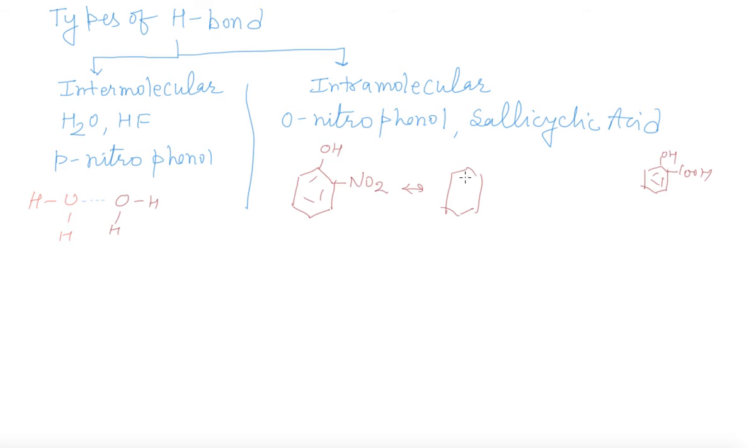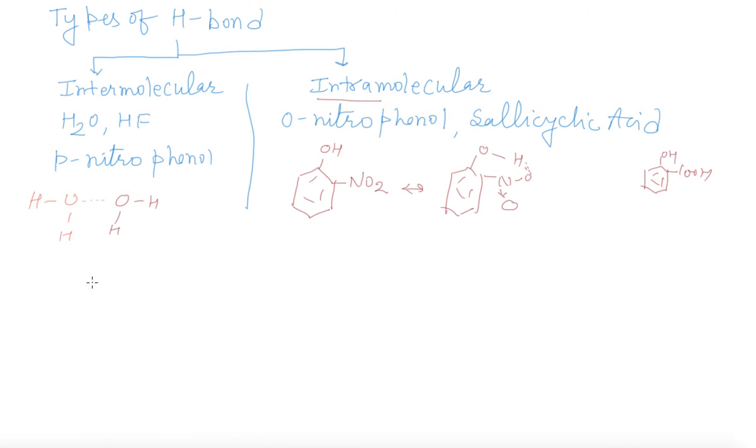The hydrogen of orthonitrophenol gets attached within its own molecule, and it cannot attach with another molecule, so it is called intra. Due to this, the melting and boiling points are low.